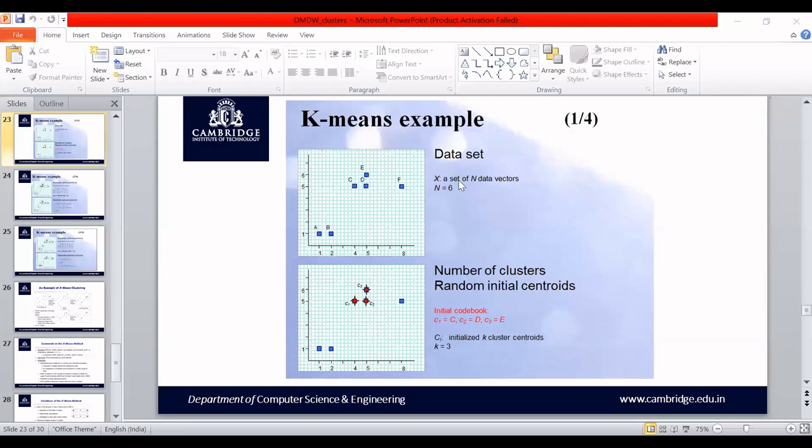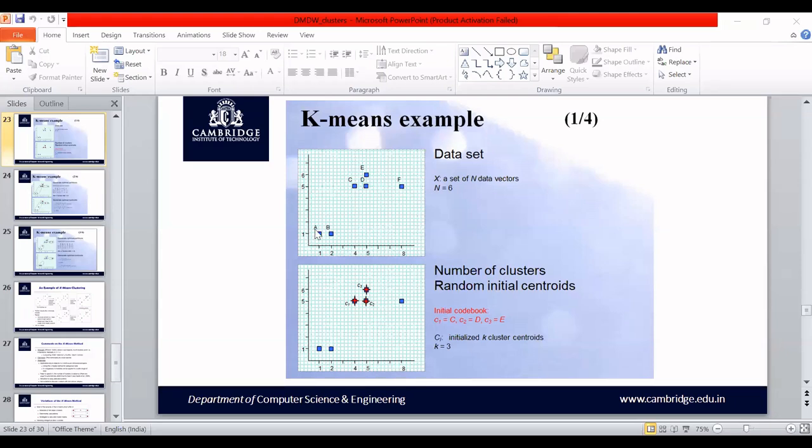So here you have to get the data points. For example, for A, it is 1, 1. For B, the X value is 2, so 2, 1. For C, the data point is 4, 5. For D, it is 5, 5. For E, it is 5, 6. For F, it is 8, 5. So that would be your first step.